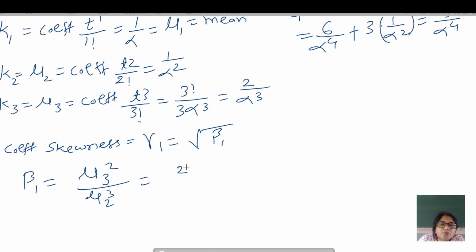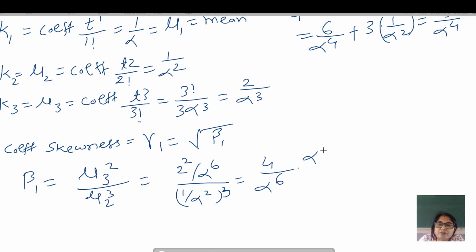So it will come 2 square upon (alpha cube) whole square, so it will become alpha to the power 6. And mu2 is equal to 1 by alpha square, so (1 by alpha square) whole cube, sorry. So it will become 4 upon alpha to the power 6 into alpha to the power 6. So it will be 4.